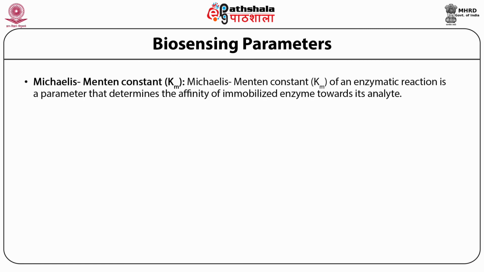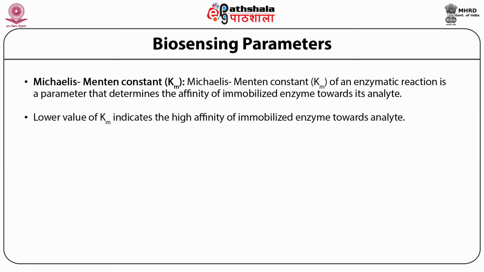The third parameter is the Michaelis-Menten constant. The Michaelis-Menten constant, or Km, of an enzymatic reaction is a parameter that determines the affinity of the immobilized enzyme towards its analyte. A lower value of Km indicates a higher affinity of the immobilized enzyme towards the analyte.